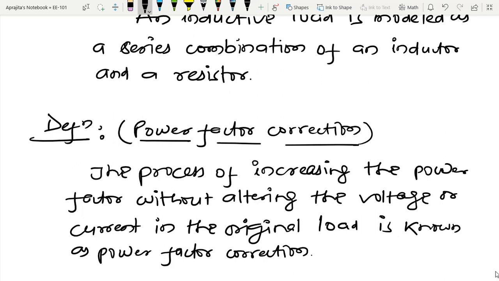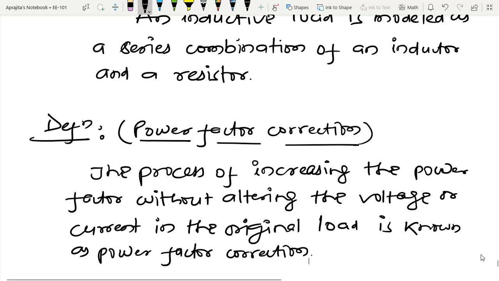Now, in an alternative way, power factor correction may be viewed as the addition of a reactive element, and here most of the time I am talking about the inductive load, so obviously I am going to add the capacitor in parallel with the load in order to make the power factor close to unity.